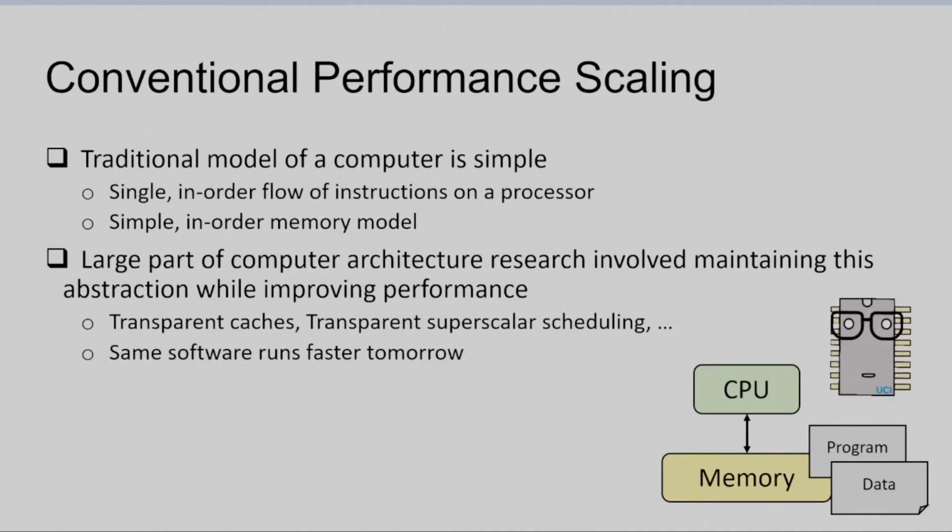And the benefit of this was that the same software that someone wrote today was going to run faster tomorrow, because we're going to have faster computers, better machines tomorrow.